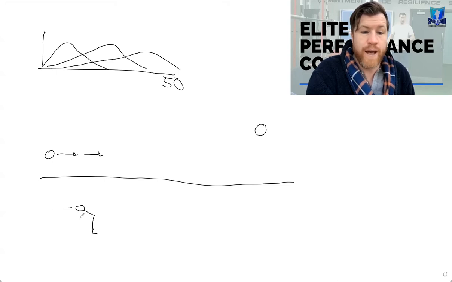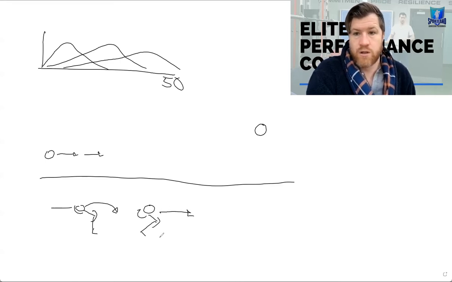Okay, so then the foot ends up, this is an elaborate diagram, in front of the center of mass, which then you think the quad and everything and the hips, what they have to do is pull that foot over. Rather than if we have optimal projection here, then the quad and the hip will push the hip through to generate acceleration. And that's a really, really key point to understand.